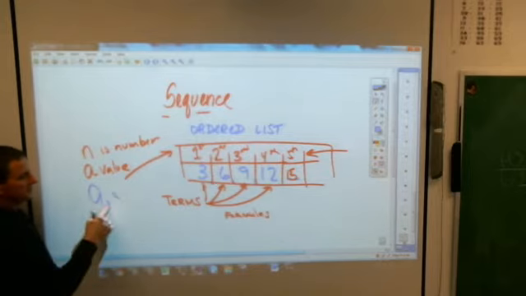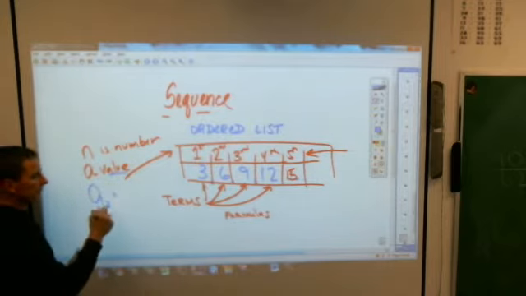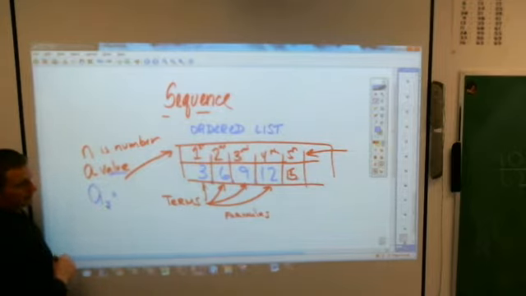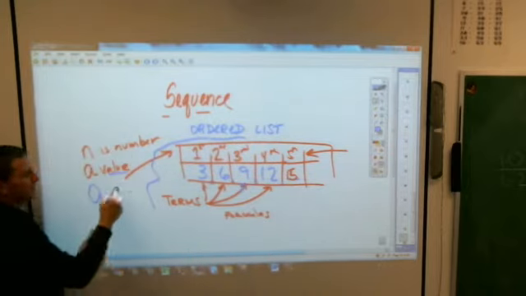A subscript just directs you to what number you're talking about. This asks me, what is the value of the third term? And you'd look at our list, and the value of the third term is 9.